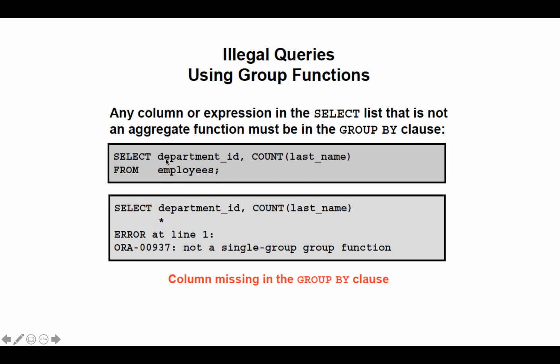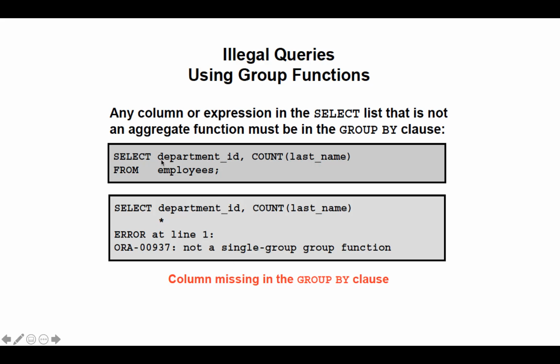So in this case, you cannot put department ID with count, because count is an aggregate function, so it's going to give me one value, while department ID has many more than that, so this is not possible. It will tell me that it's not a single-group group function.